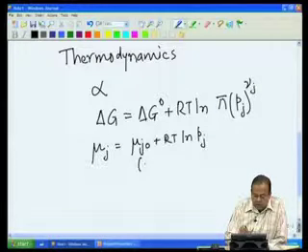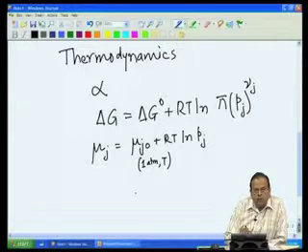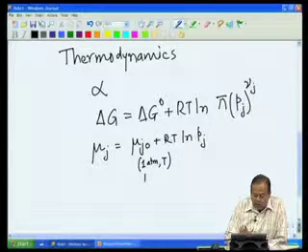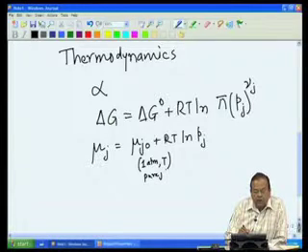So, what are the standard conditions? Reference pressure is usually 1 atmosphere, the temperature T of the mixture, and pure j as the component.